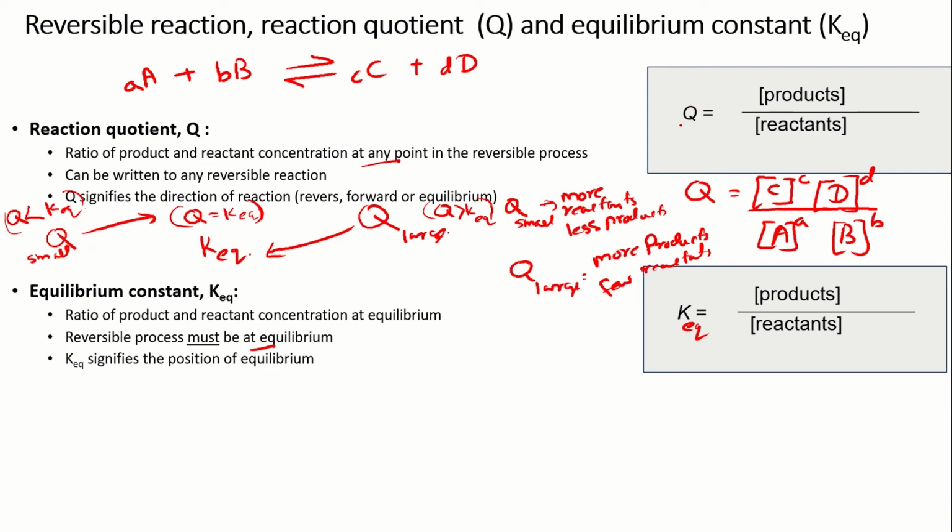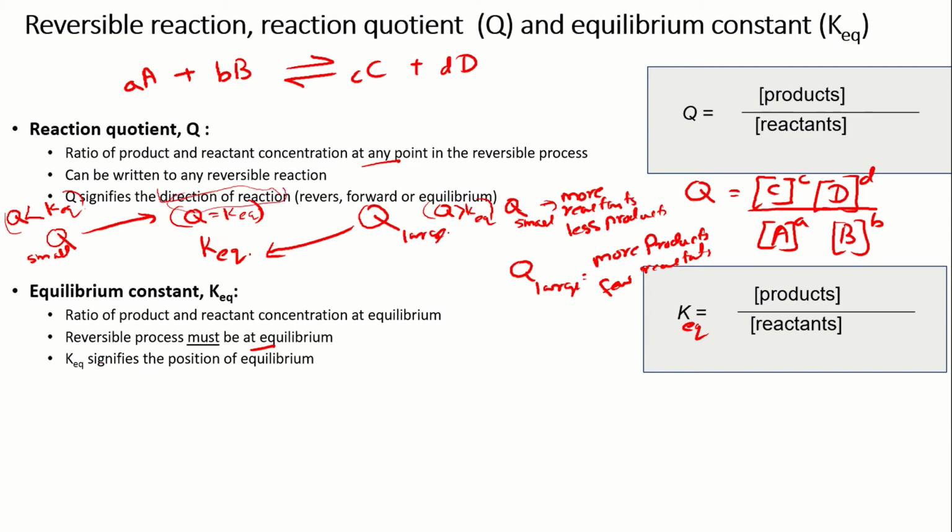And if you have a very large reaction quotient, it will favor the reverse process by breaking down the products into reactants. So that is one way we can show how the reaction quotient relates to the equilibrium constant. So this signifies the direction of the reaction.